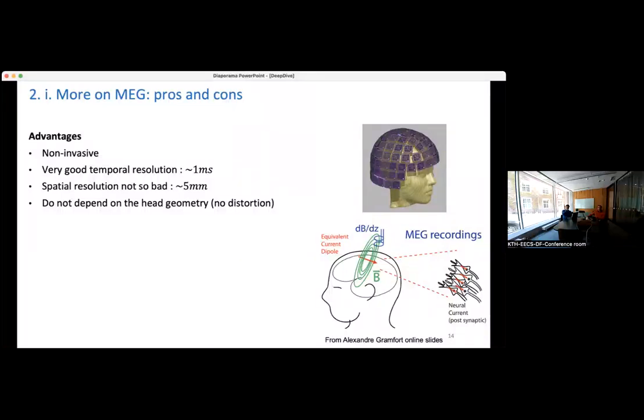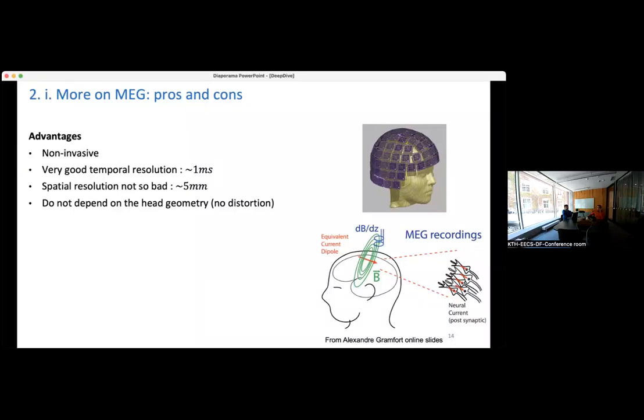It has a spatial resolution which is not so bad compared to MRI. Sorry, it's still not so good, but it's better than EEG, for instance. I will explain why in the next point.